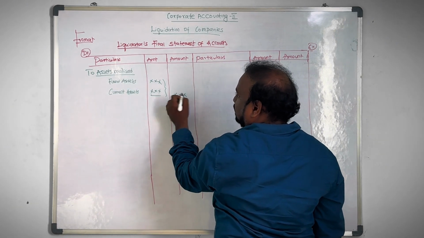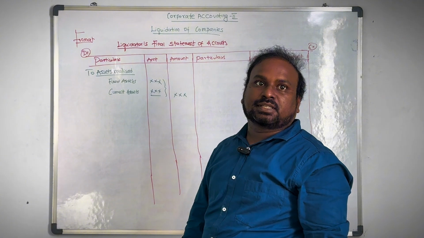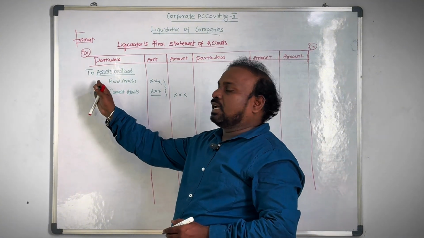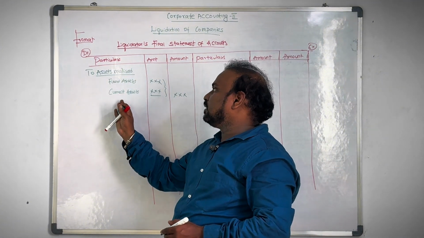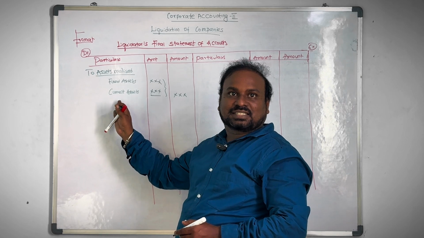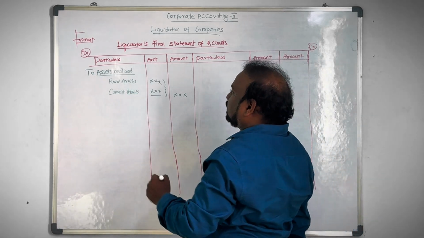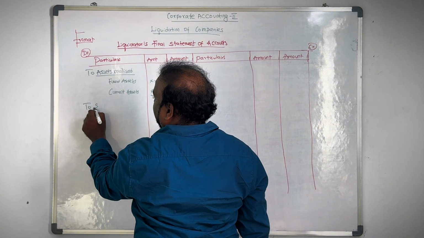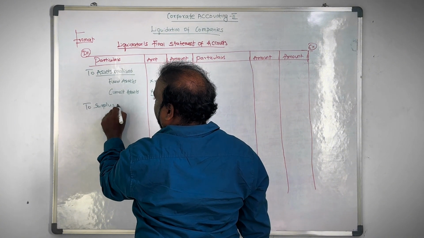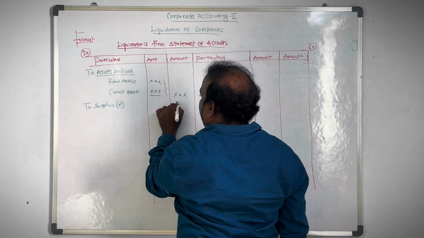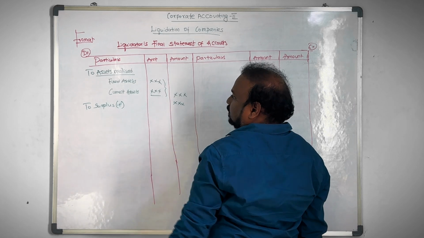So whatever the asset is given, we have to bring it here from the question, like land, plant, building, plant and machinery, then stock, debtor, cash, everything we have to bring under the heading to assets realized. Then to surplus. If surplus is there, we need to bring it here.